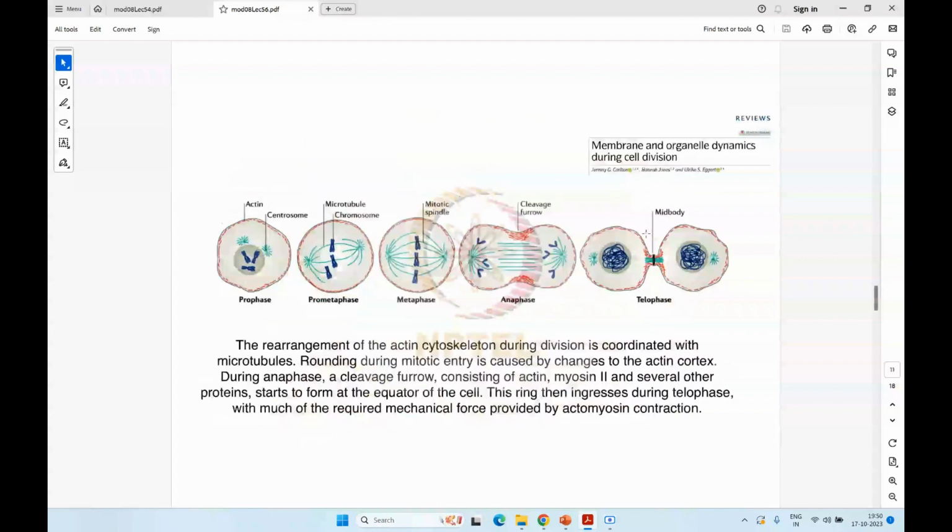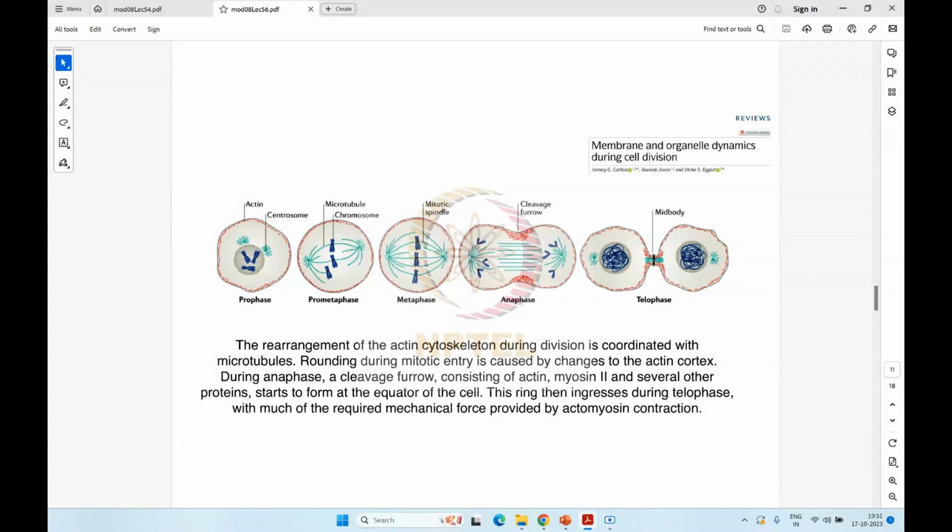Again, there is going to be a furrow that the actin cytoskeleton forms, which is then going to merge with the microtubules that are present in between the two daughter cells, and this basically forms the midbody structure.